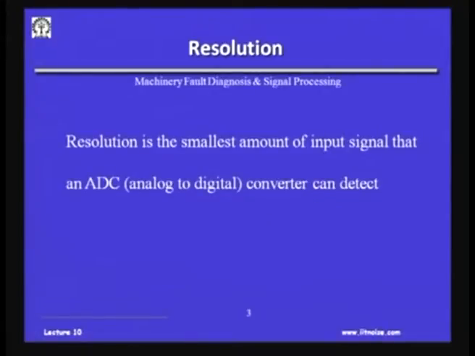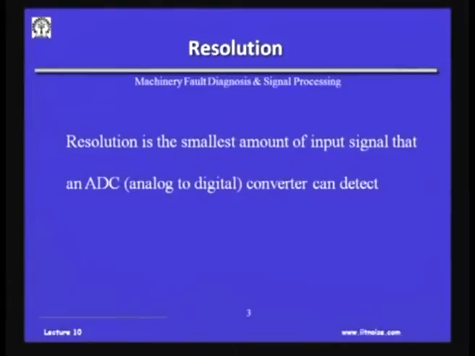For an input maximum voltage of 10 volts, a 3 bit converter can only detect 1.25 volts, and I am sure you can calculate for the other bit sizes as well. So, the higher the bit size, the lower the resolution step, and I will be very accurately detecting small amounts of input signal.